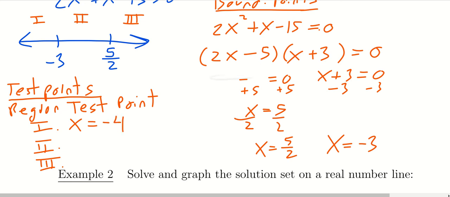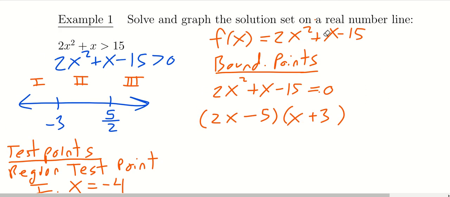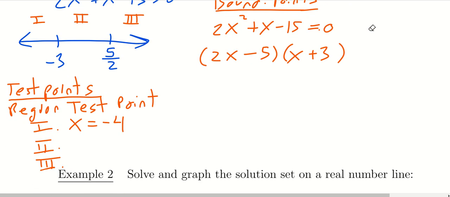So I'm going to plug x equals negative 4 into the function. f of x was 2x squared plus x minus 15.